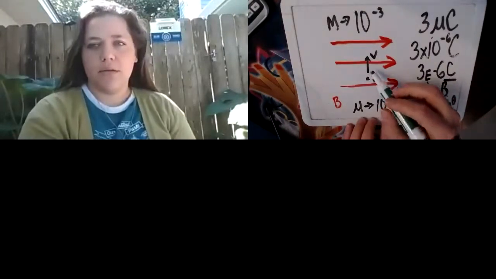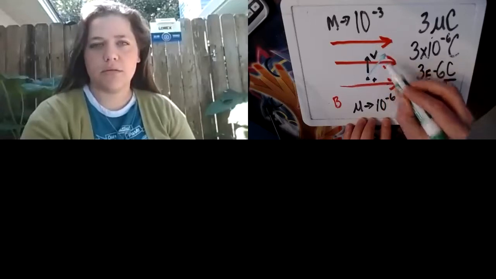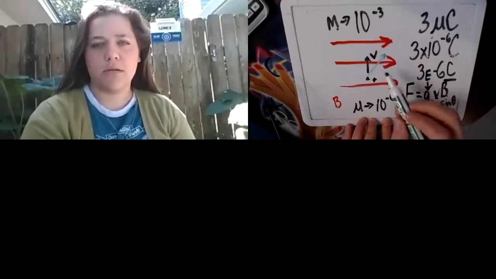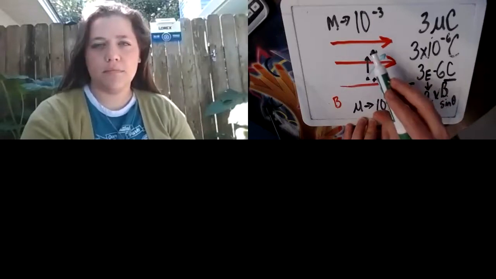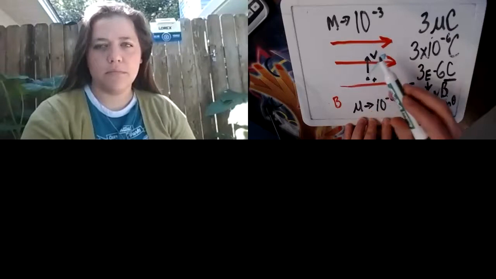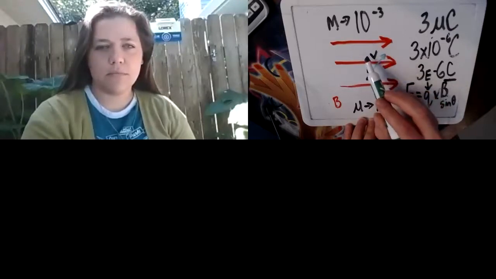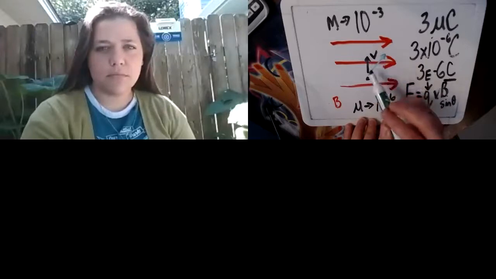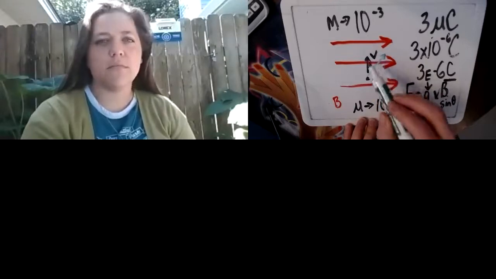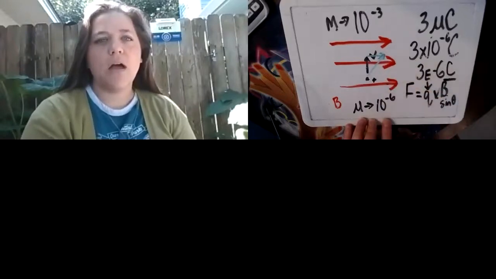Let's say that the charge was actually shot this direction. You can see that there's a component pointing in the upward direction and a component going into the paper. If you see that this has an upward component and a rightward component, we would only concern ourselves with the upward component.